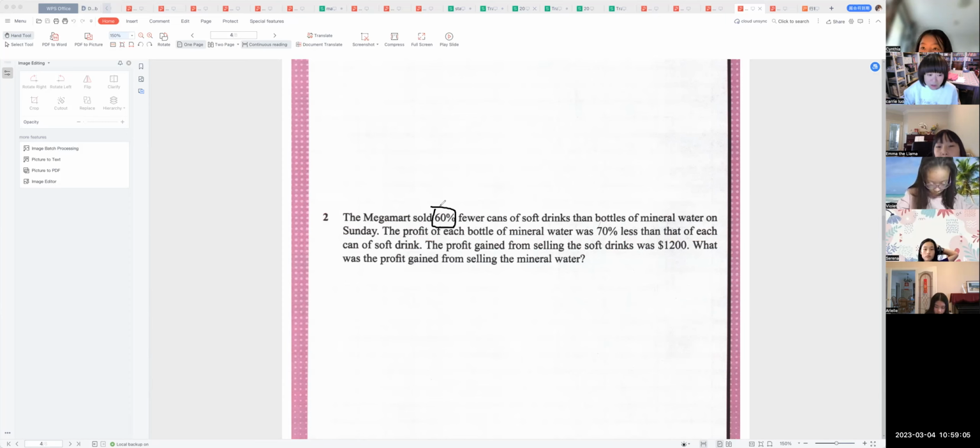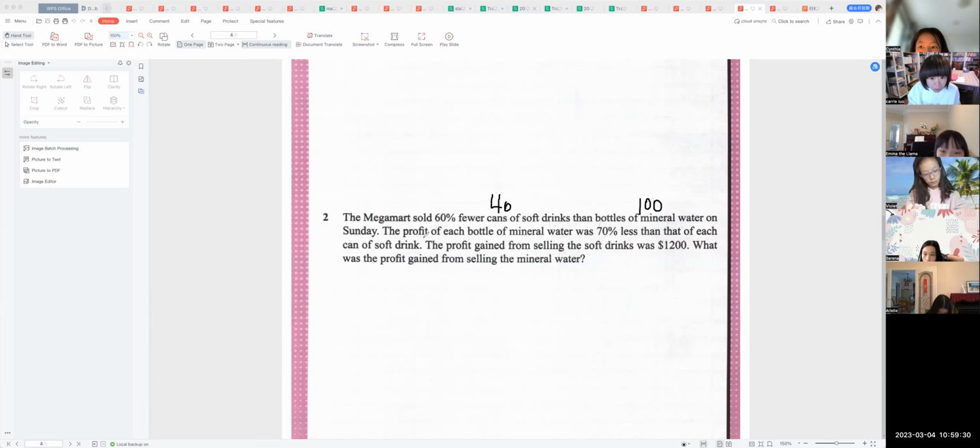Like 100,000 kilometers or 100 bottles of water, they're a real thing because you can imagine. But in your brain, you cannot imagine what is 60% of something you don't even know. That is hard for you to imagine. So it's very helpful for you to understand the question by just putting them into a number. For instance, the mineral bottle is 100 and the cans of soft drinks is 40.